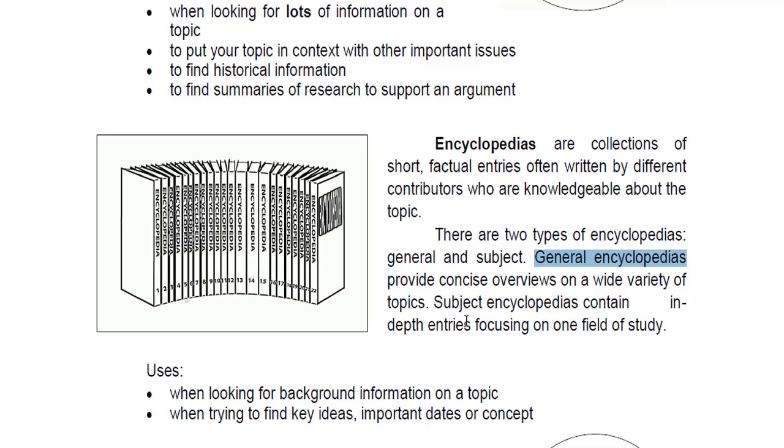For example, it only focuses on medicine, or only on ophthalmology. So, in a limited or particular topic only, while a general encyclopedia focuses on a broad variety of topics.